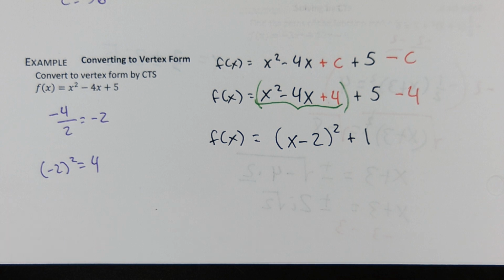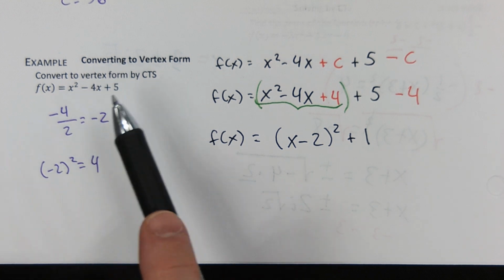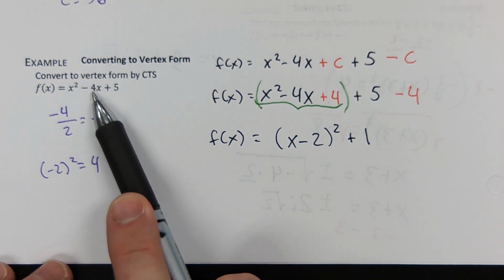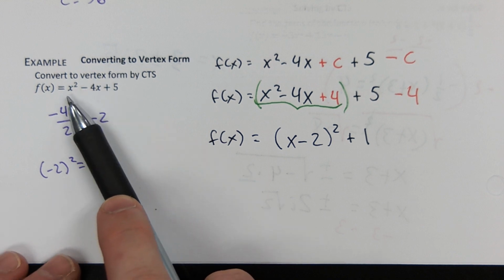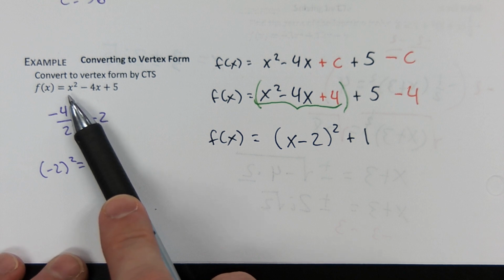Do you remember how we were finding the vertex of a standard form equation before? When we were having to graph them? How do you do it? X equals negative b over 2a. So negative b is negative negative 4. So 4 over 2 times 1, 2. 4 over 2 is 2, right? So we know x equals 2 is the x value of our vertex.